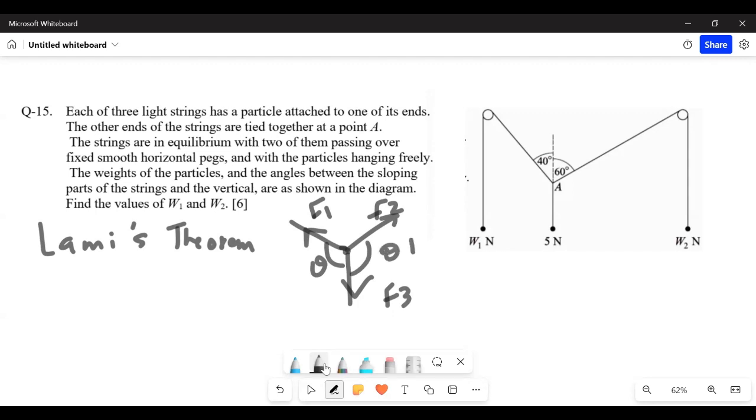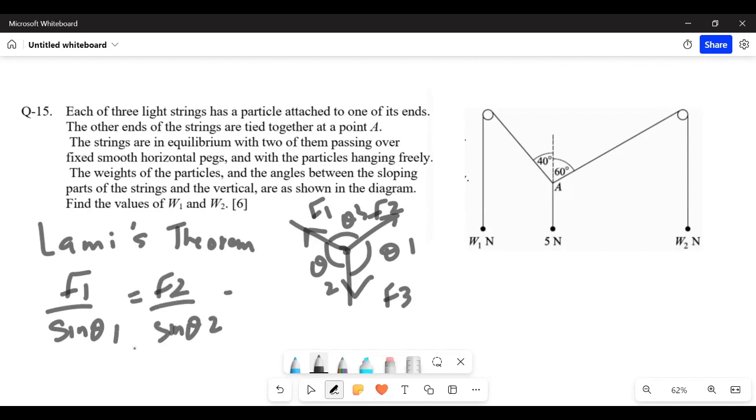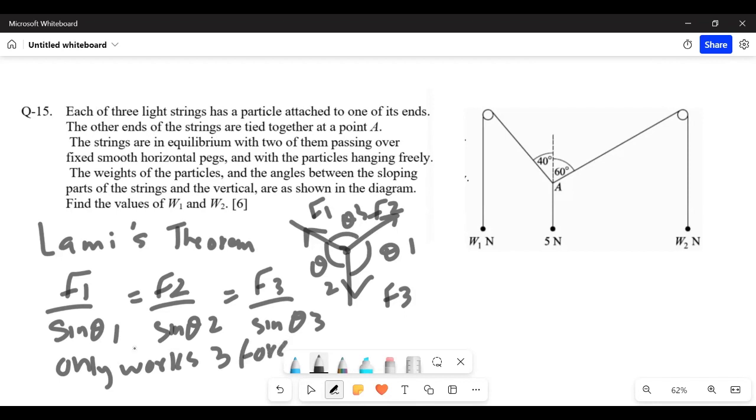Let's say this is theta 1, let's call this theta 2, and let's call this theta 3. So then F1 over sine of its opposite angle is equal to F2 over sine of its opposite angle is equal to F3 over sine of its opposite angle. Only works for three forces.